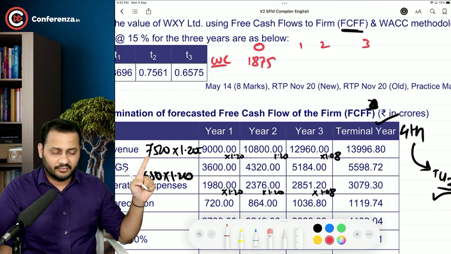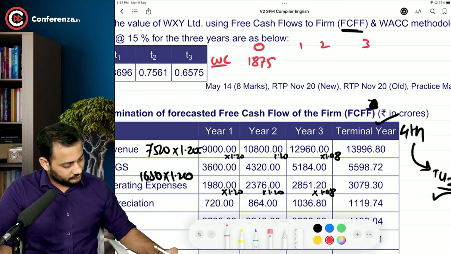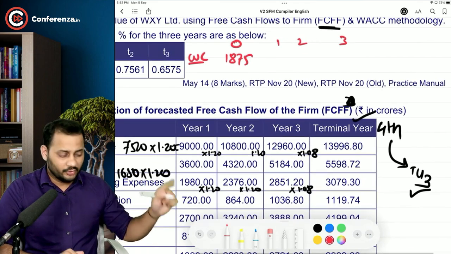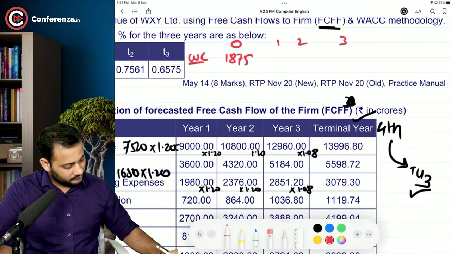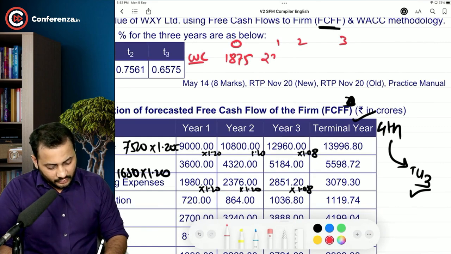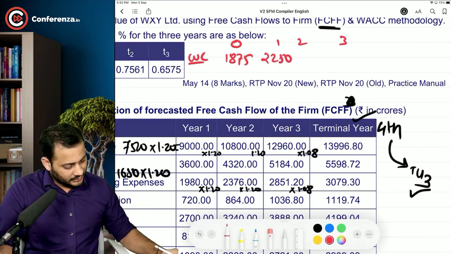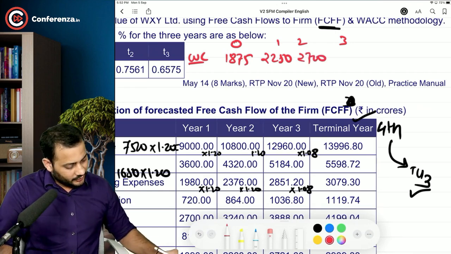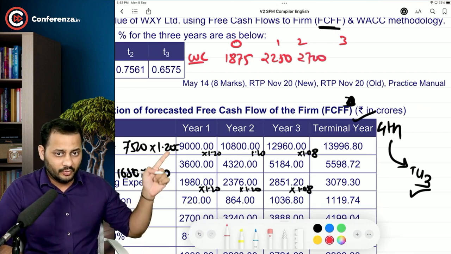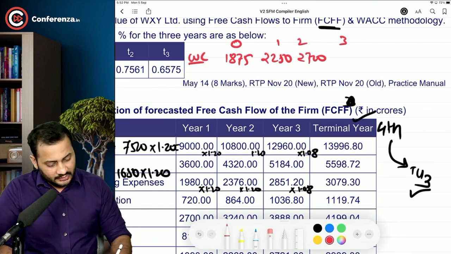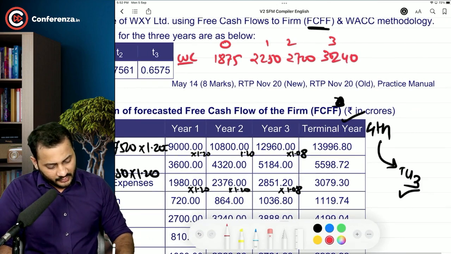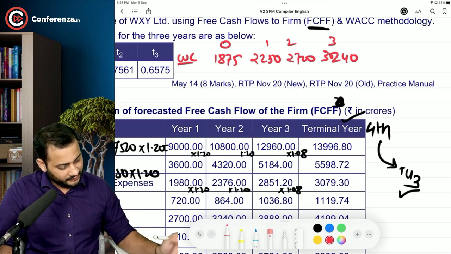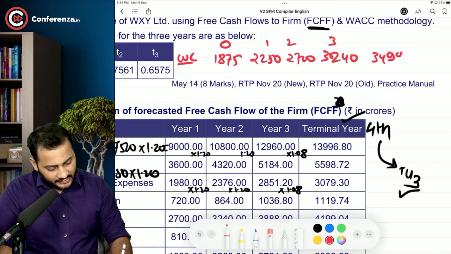Then 9,000 into 25%, that's 2250. Then 10,800 into 25%, 2,700. Then 12,960, the third year revenue, into 25%, that's 3,240. And 13,996.80 into 25%, that's 3,499.2.